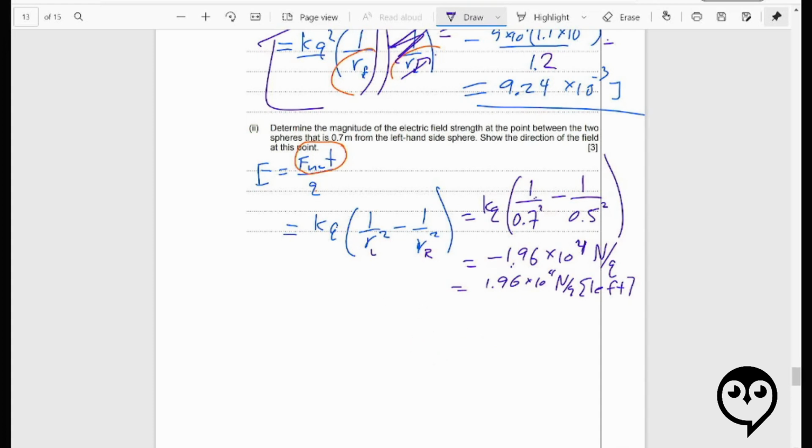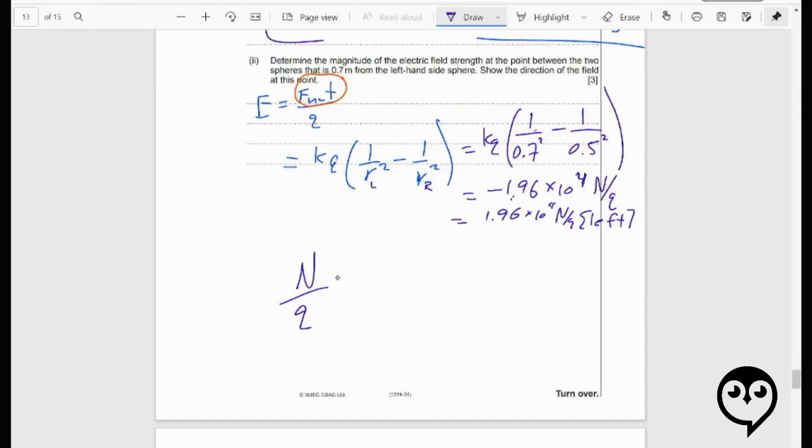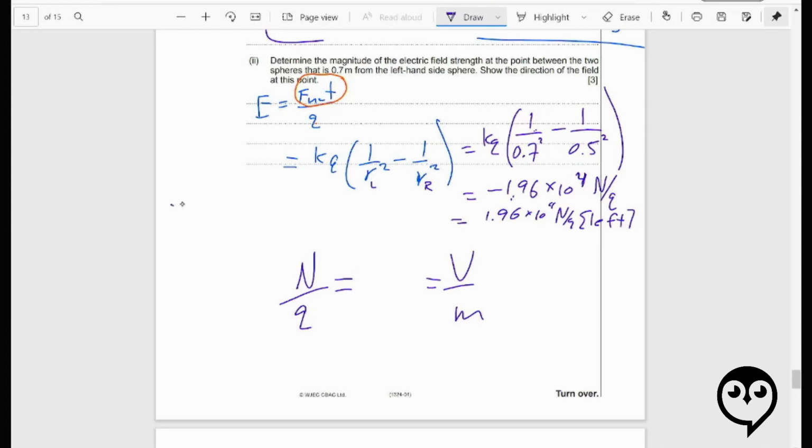And let's see. Electric field strength. Now I've said newtons per coulomb. They've said volts per meter. Can we agree that these are the same units? It can be done. Well, it's like this. A joule is a newton meter, so a newton would be a joule per meter.